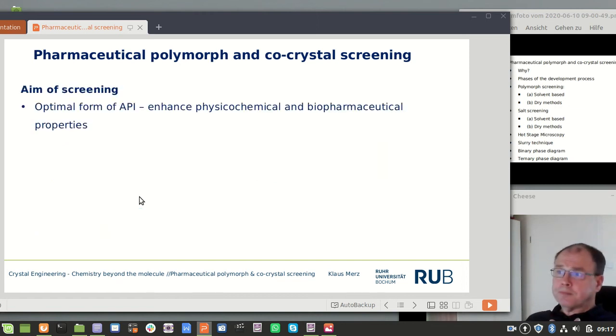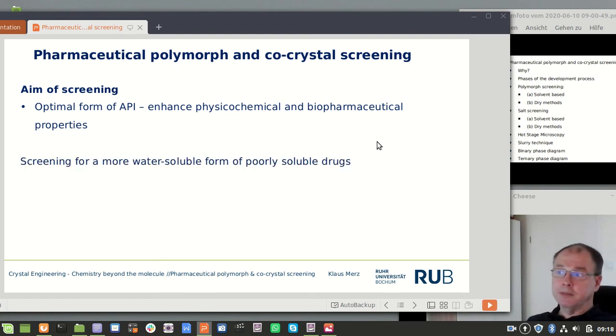So the aim is two things. The aim is not only to find as many polymorphs as possible; the aim is first to improve the property, to find the optimal form of this drug, and enhance physical, chemical and biopharmaceutical properties.